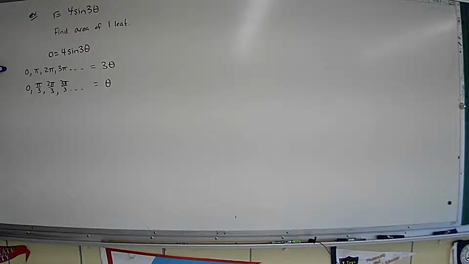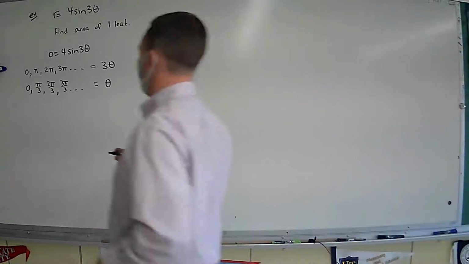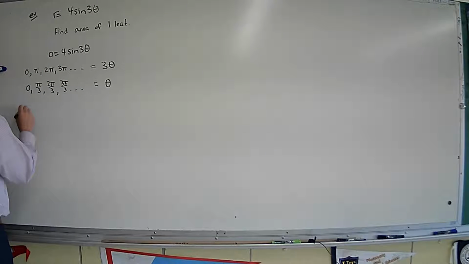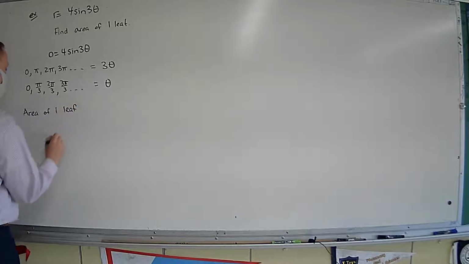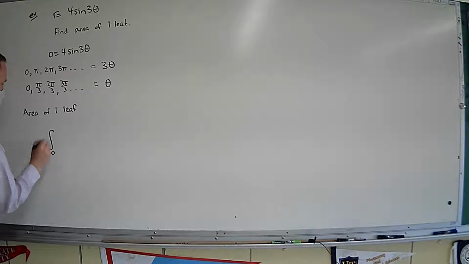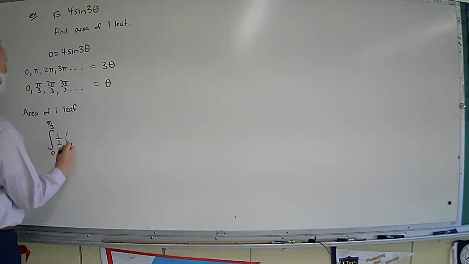Did you get one leaf? Sweet. So that means the area of that one leaf is going to equal the integral from 0 to pi over 3 of 1/2 r squared. But what was r?